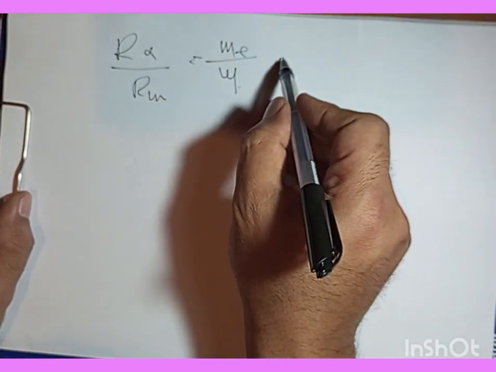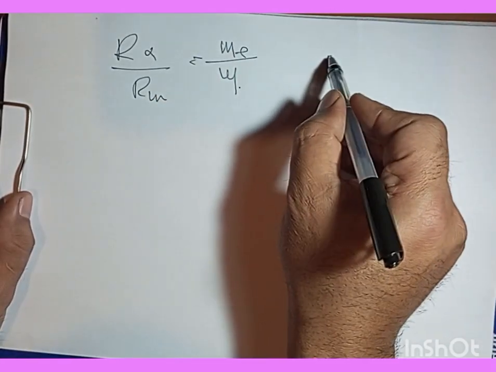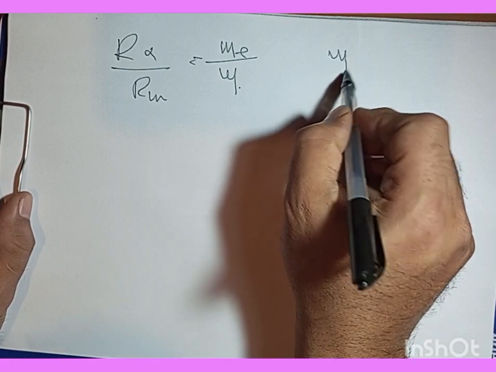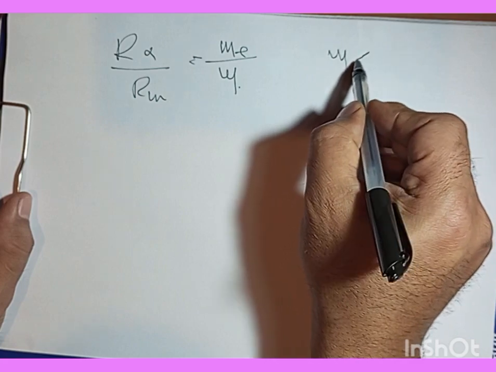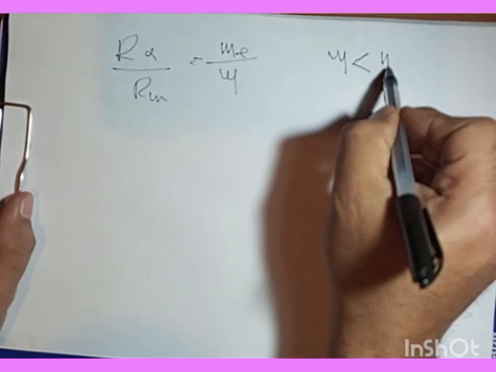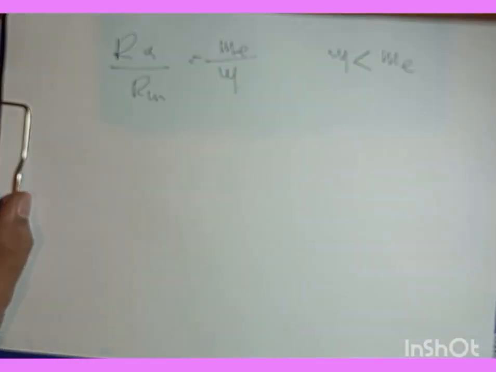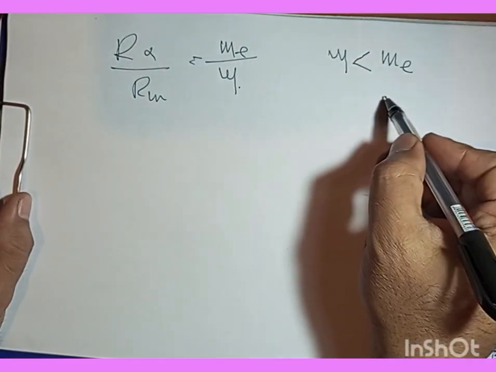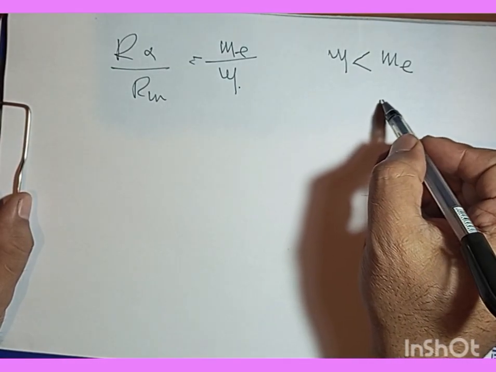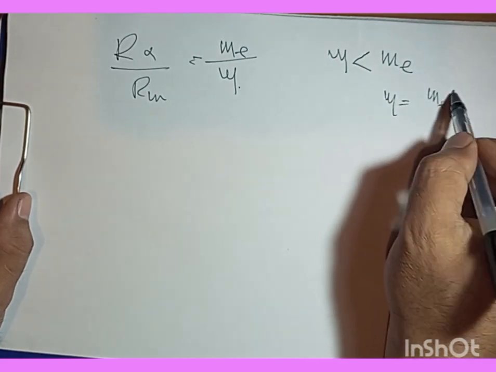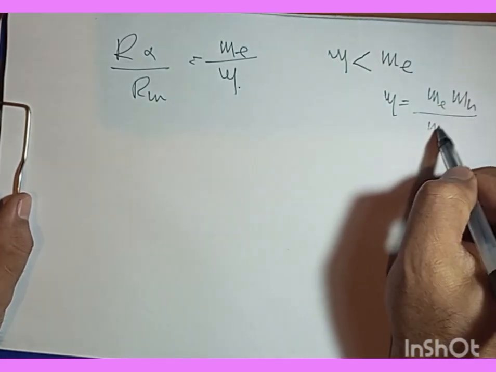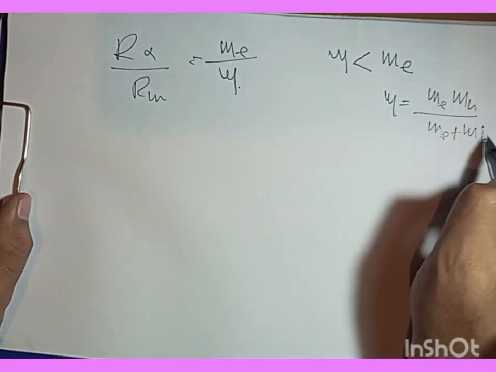So what does this mean now? This mu is the reduced mass. This reduced mass is going to be less than the mass of the electron, because if we go back to that equation of reduced mass, we have mu is equal to mn by me plus mh.